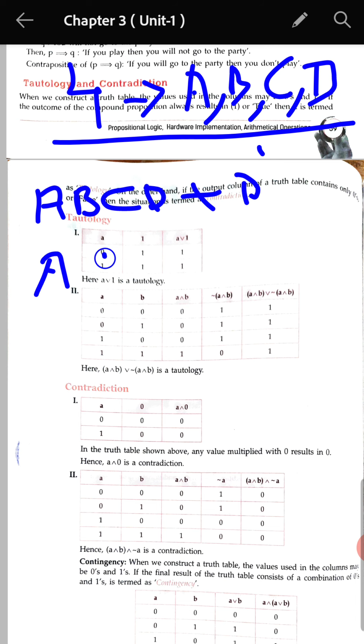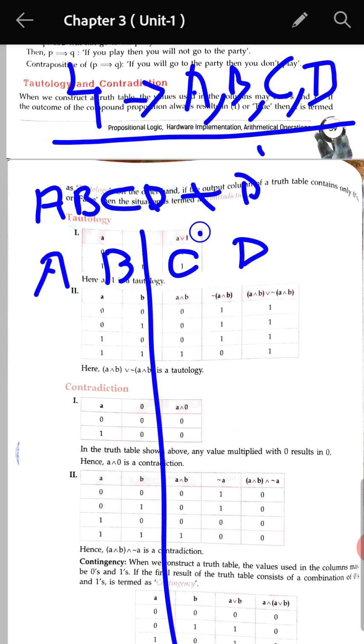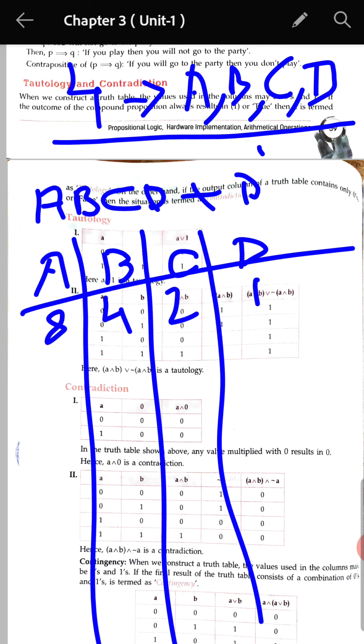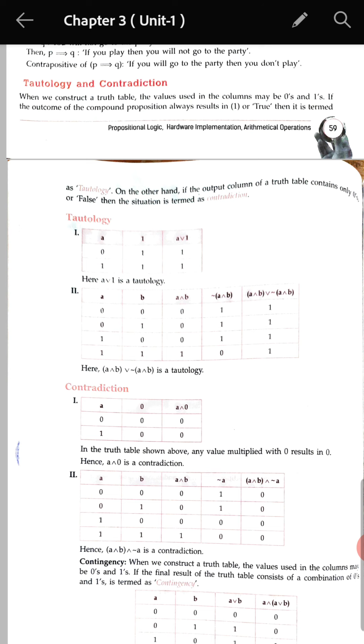How we are going to create it: a, b, c and d. 8 zeros, 8 ones, 4 zeros, 4 ones, and so on. You know that you are able to create the truth table. And then I'm moving further.